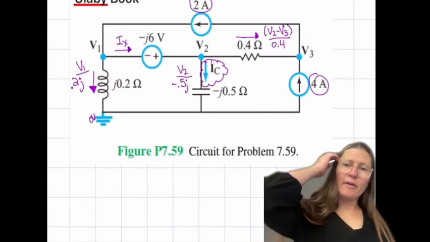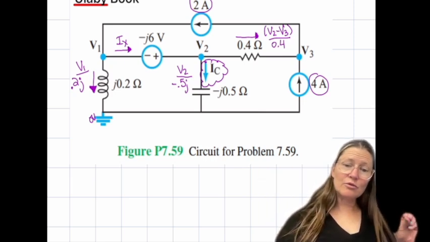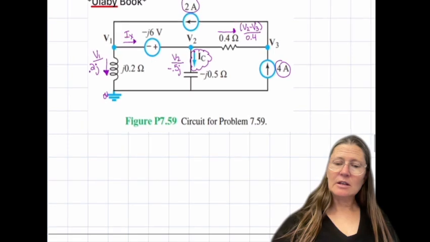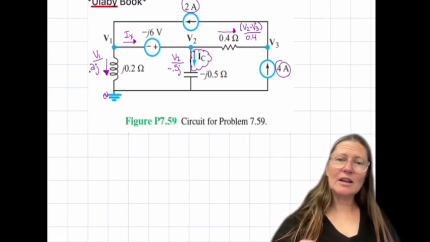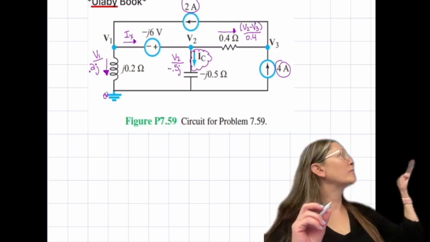So we're going to have 3 node voltage equations. And because we have the current only in one branch, we have 4 unknowns, right?